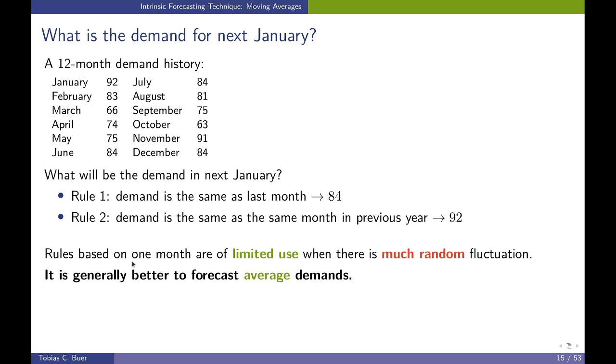And in general, it is very good if you try to forecast the average demand of a month. So when you have demand or sales figures for January, for spring, for a year, you try to create an idea of what will be the average demand in a typical January and try to forecast this.